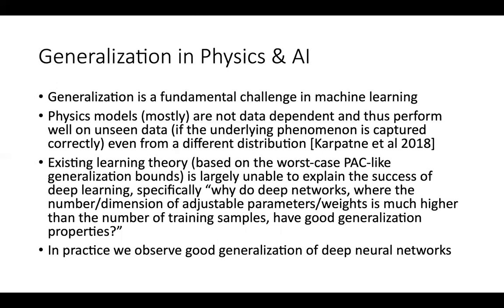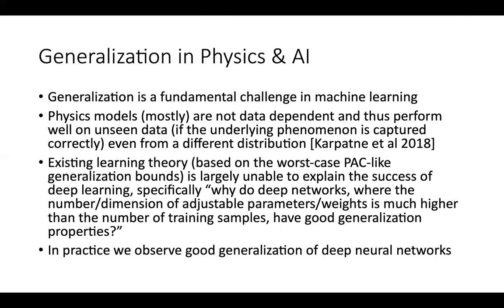If we contrast that with physics-based models, they're mostly not data dependent, and when such models capture the underlying phenomenon, they perform extremely well on unseen data, even on data from different distributions.